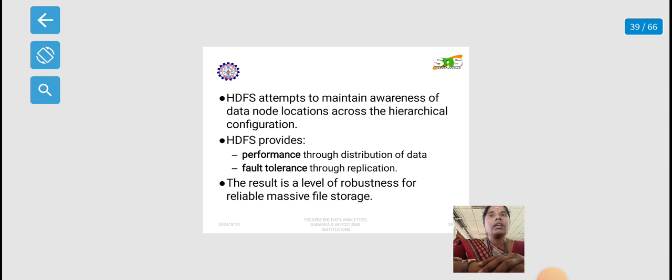In essence, HDFS provides performance through distributing the data and fault tolerance through replication. The result is a level of robustness for reliable massive file storage.